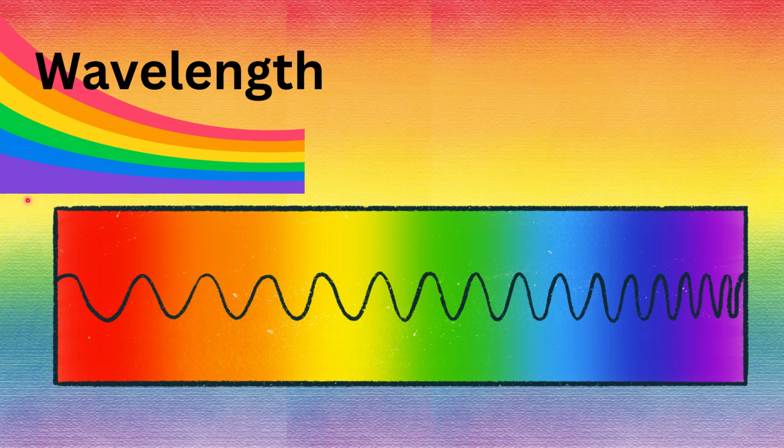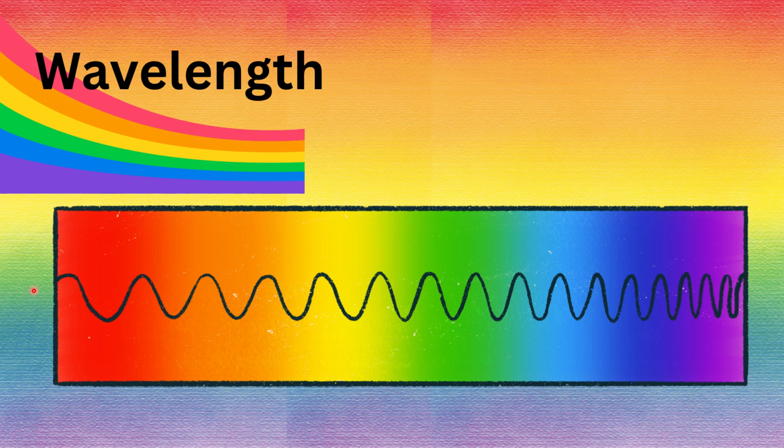Wavelength is the distance between two identical points in the wave of light energy. For violet color, it is 400 nanometer. Red color, it is 700 nanometer.